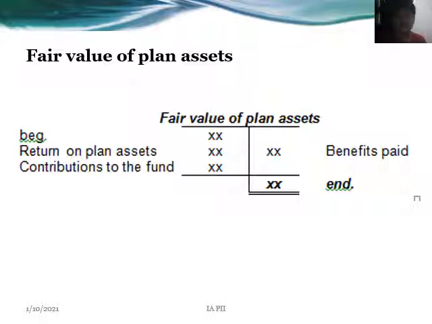Syempre, pag nagbayad ka ng benefits, ibabawas mo yan sa fair value ng plan assets equals yung ending balance ng future value of plan assets. So, I will repeat. Most probably, mas makikita niyo yung clear picture kapag na-apply na itong mga concept na to sa problem. Kasi may i-illustrate na kung paano yung computation.